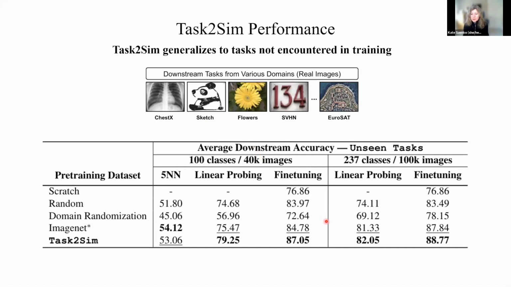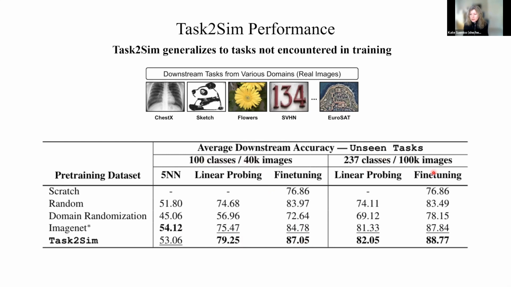And you can see here that these are different ways of evaluating on downstream tasks, such as k-nearest neighbors with 5 nearest neighbors, linear probing, or fine-tuning. And compared to ImageNet pre-training, we see that performance is actually fairly close for KNN, or even better for linear and fine-tuning. So this is with 100 classes.